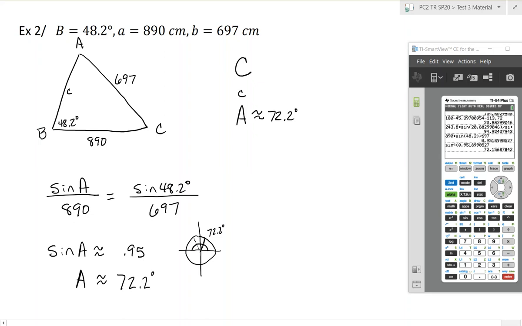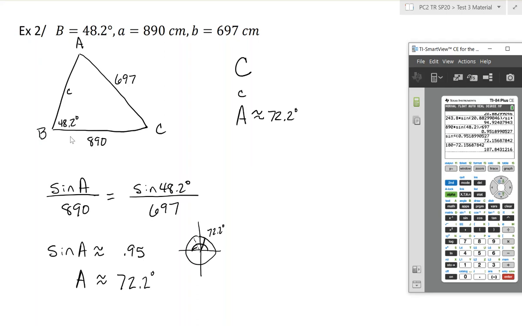We take 180, subtract off the 72.2 degrees, and we get 107. If you take that 107 and add the 48.2, which was the only angle given, we still have enough for angle C.